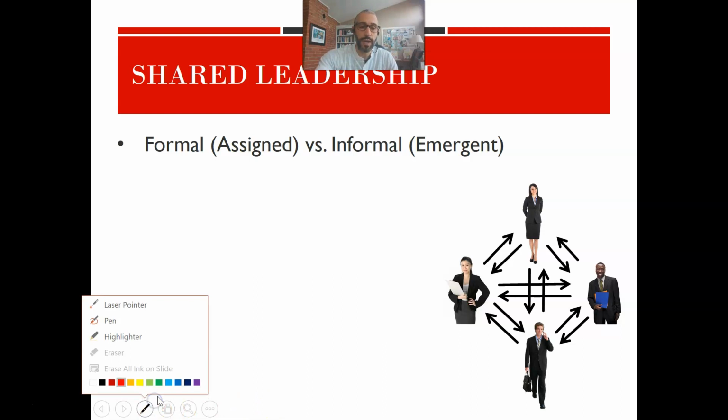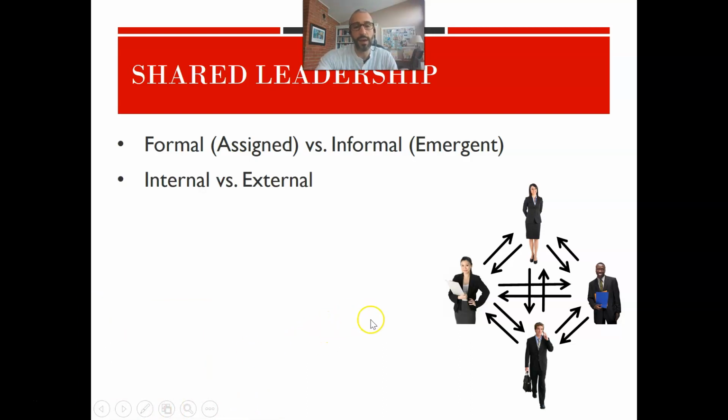You could also make it even more complicated and say, well, right now we're just talking about leadership that's internal, but what if there is this 5th person sitting out here that is an external formal leader? Right? So this external individual is not necessarily involved in the day-to-day tasks of that team, but they are someone that is overseeing and maybe responsible for the productivity of those individuals within a group, right?